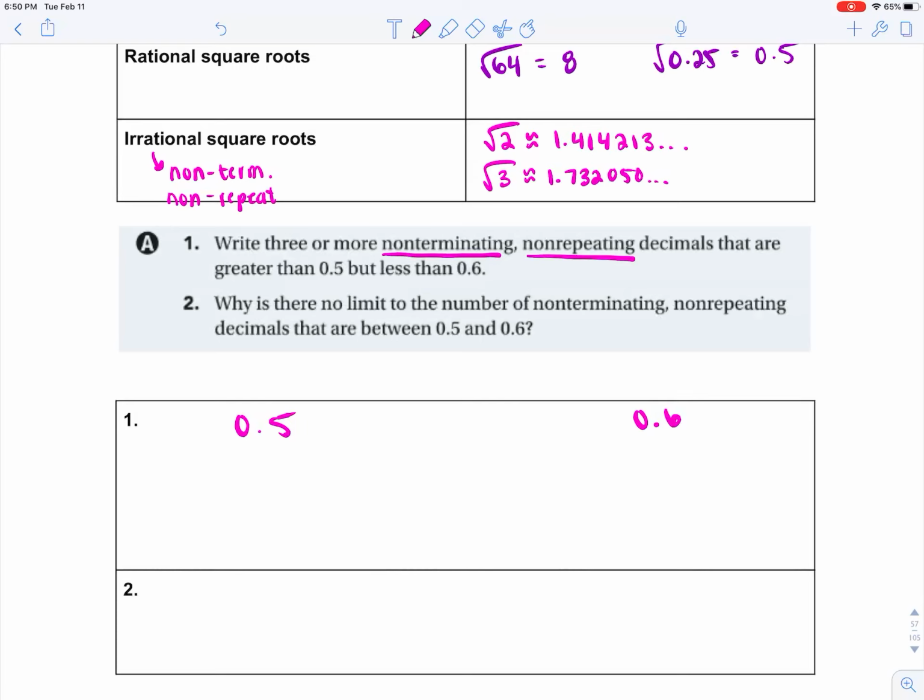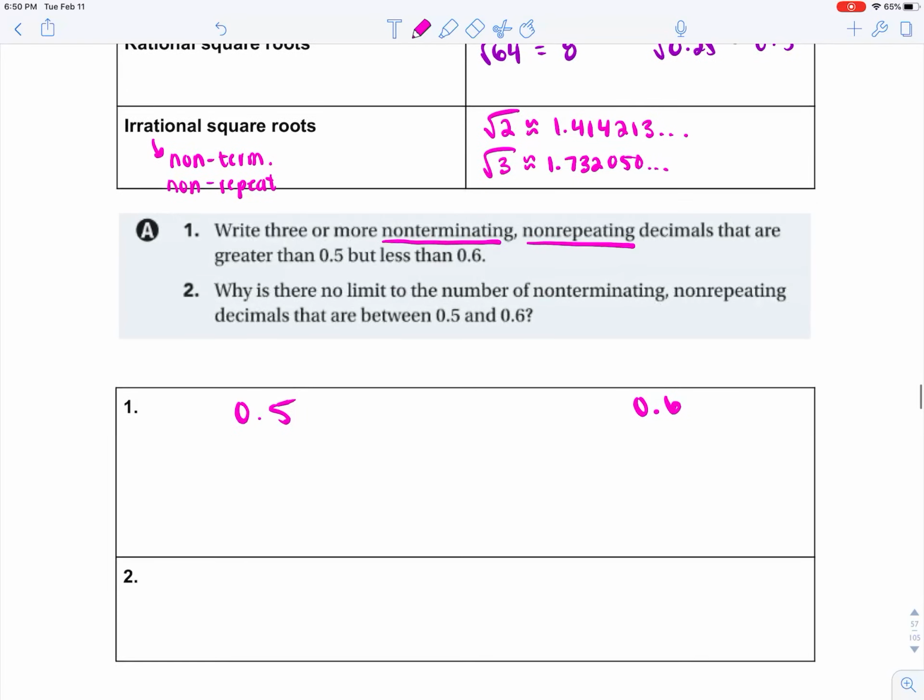All right. In my brain, I'm thinking, in order to be greater than 0.5 and less than 0.6, really all I need to do is add a bunch of decimals after this 5 here. So I could go 0.5263791162113, and I say that continues on forever. Is that irrational? I would say so. It's non-terminating, non-repeating, because there are numbers past this 3 that I just wrote.